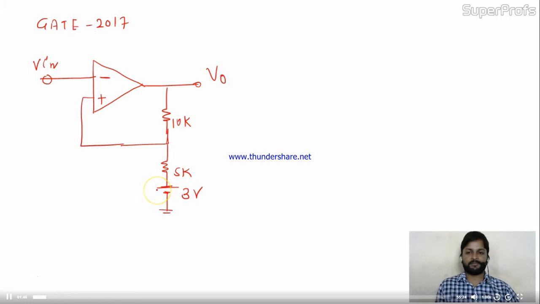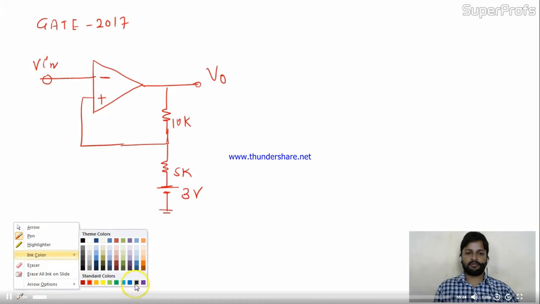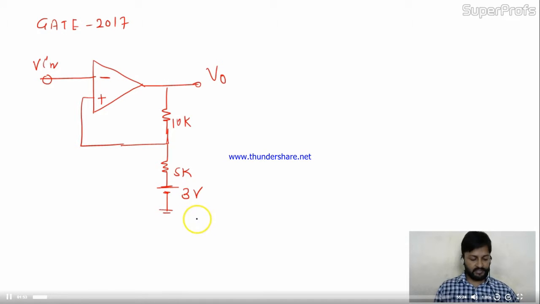Now the question says, for the operational amplifier circuit shown, the output saturation voltages are plus minus 15 volt. The upper and lower threshold voltages for the circuit respectively.